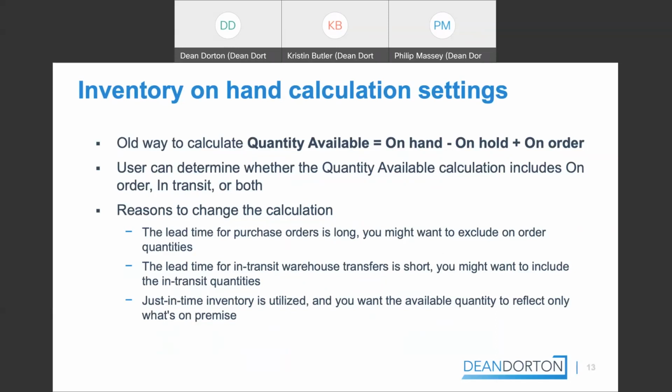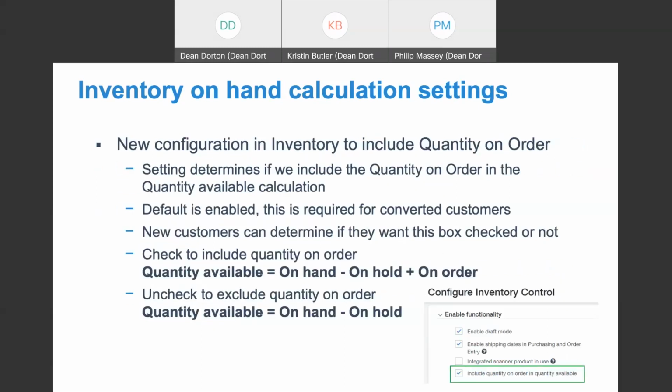So lead time on things is getting incredibly long, and in that case, you may or may not want to include those on order quantities because you don't know when you're going to get them. So they're trying to give you a more real-time, a more realistic look at your inventory by allowing you to make adjustments for what you consider to be quantity available.